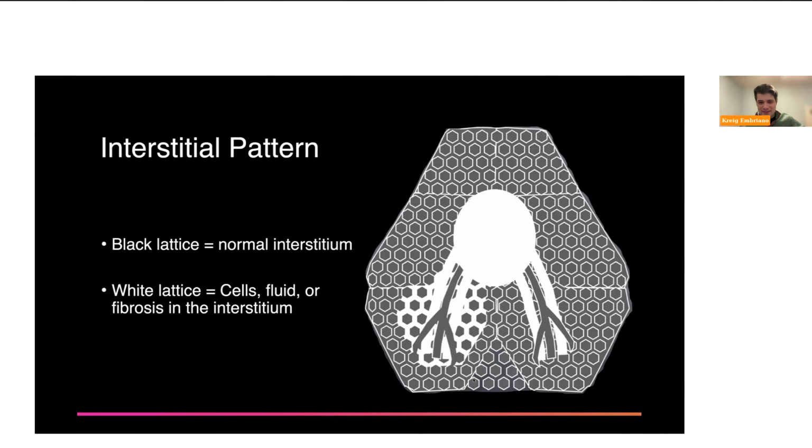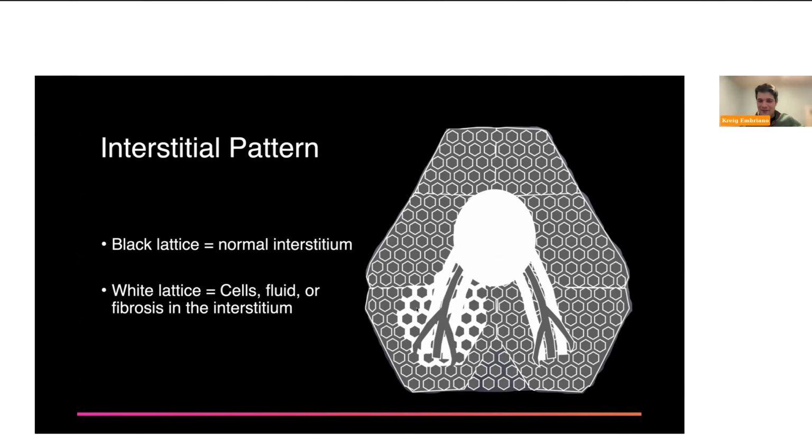And so looking back at the schematic, we have these hexagon alveoli, and the outer areas in between them is the interstitium, right? And so we're going back to, we have our lobar bronchus, we have our artery, we have our vein, we have our bronchovascular bundle. And then in the pathologic state, we're going to have cells or fluid or fibrosis occupying mainly the interstitium.